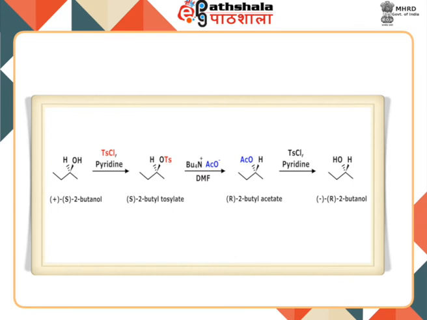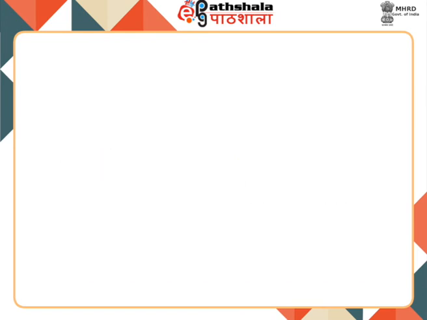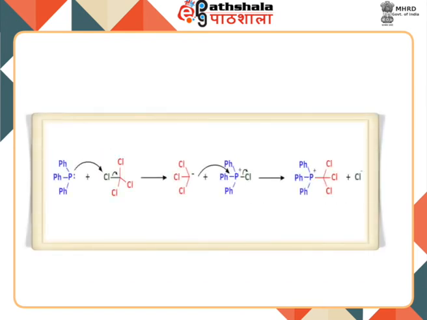Overall, if you now compare the starting molecule plus S 2-butanol, we have been able to convert it into its enantiomer, that is minus R 2-butanol, by adopting these intermediate reactions, where one is undergoing without change in stereochemistry and one is undergoing change in stereochemistry, and overall there is an inversion which is happening in this reaction.